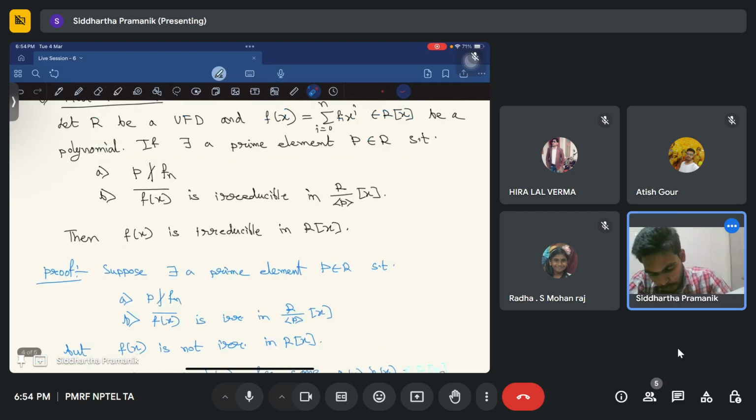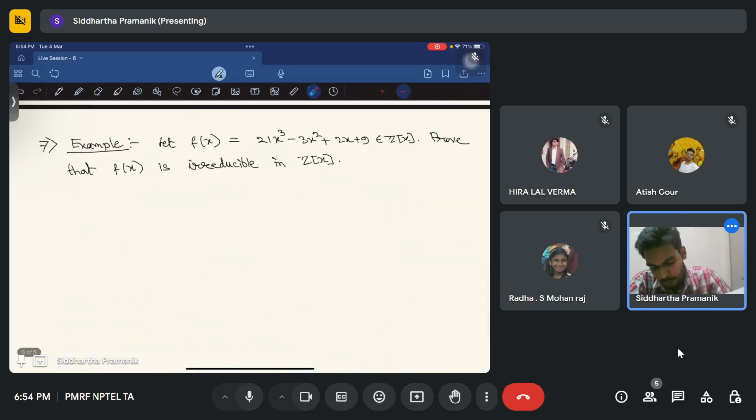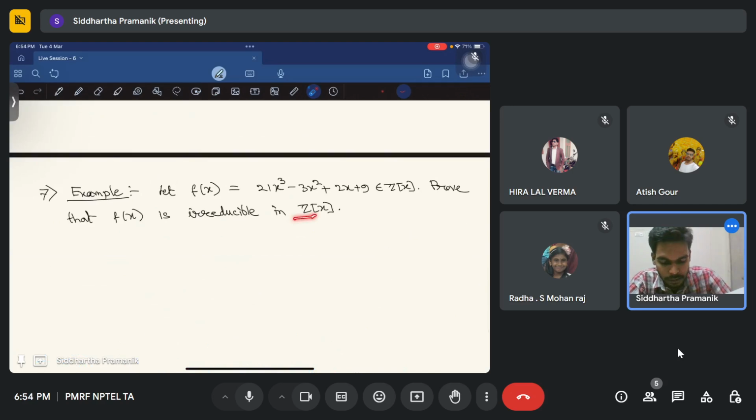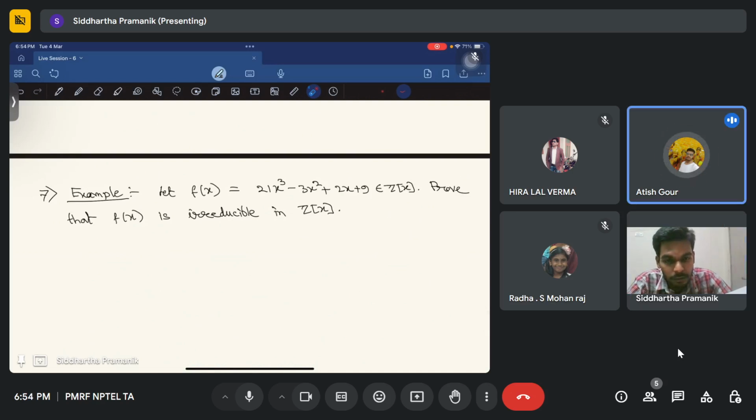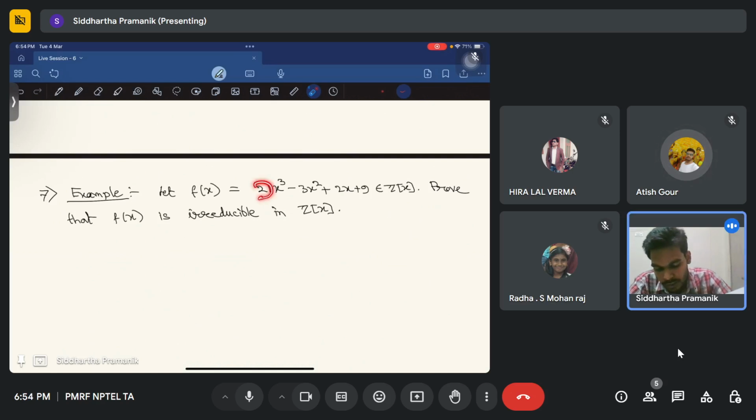So what prime number can you take? So prime elements in Z means 0 and the prime numbers, right? So what prime number? Three, two we can take. We can start with two. Yeah, 2 you can take because 2 does not divide this leading coefficient.